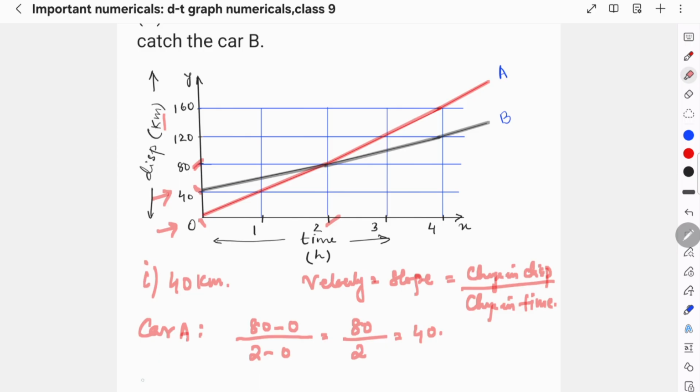So car A velocity is 40 kilometers per hour.